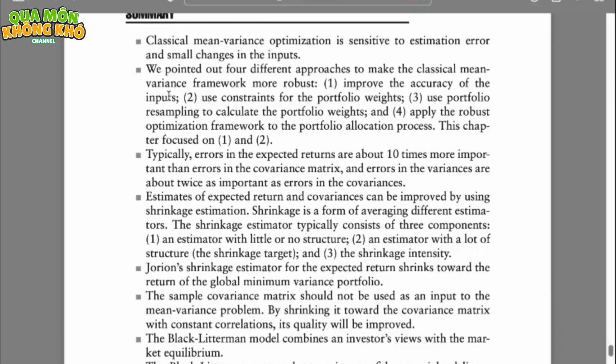Okay, so just a small error or mistake in the inputs, the return matrix or covariance matrix, will lead to inefficiency in our classical optimization. And the other point is that there are four different approaches to make the classical mean-variance framework more robust.